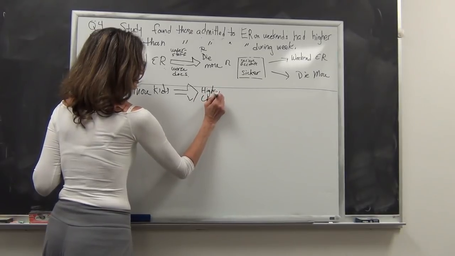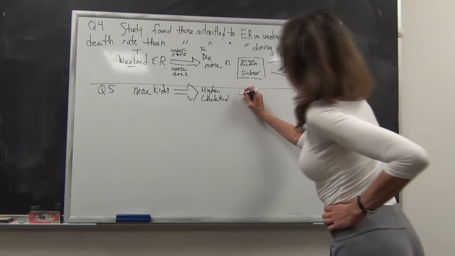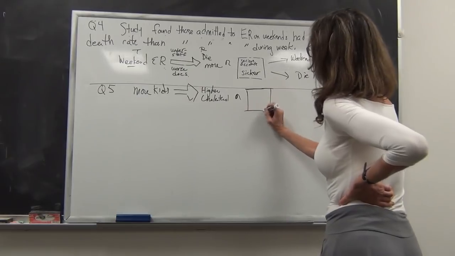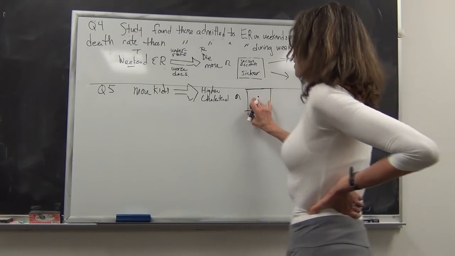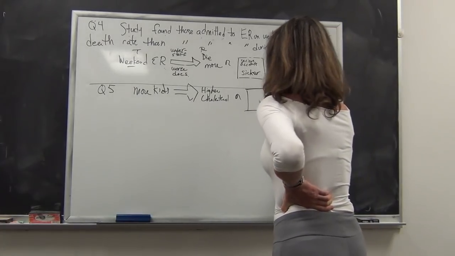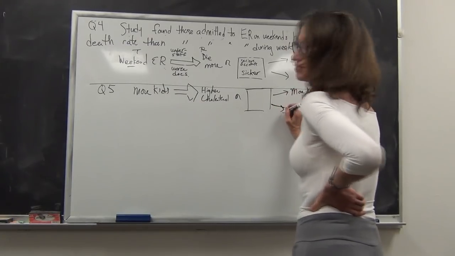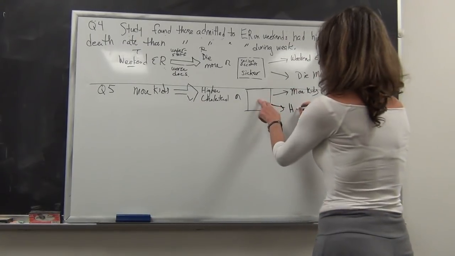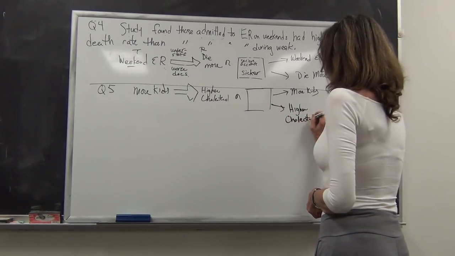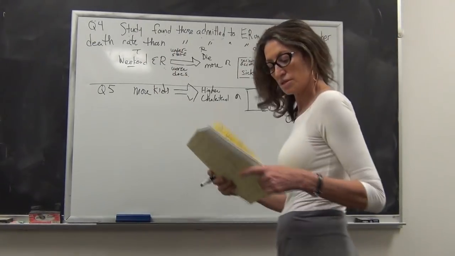Or is there a confounder? That's like this mystery variable, this lurking variable, that both would cause people to have more kids and cause them to have higher cholesterol. So we're trying to see if each of those choices fits in here. All right, so let's read the choices.